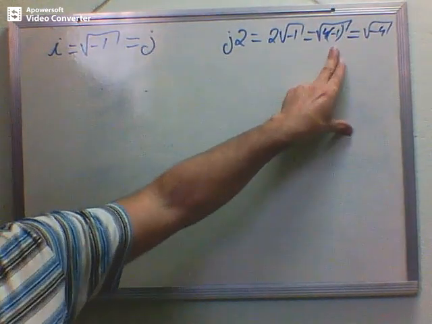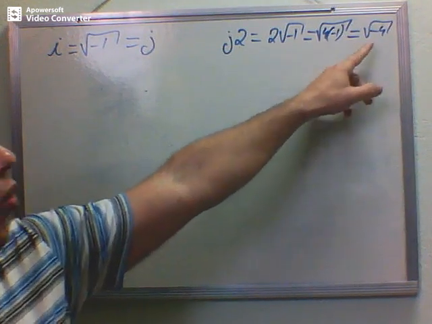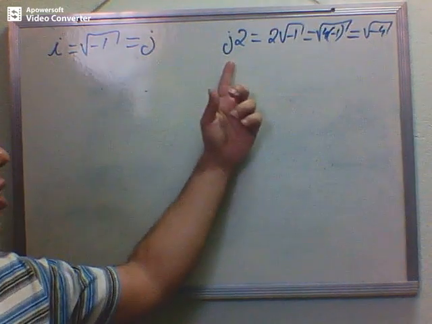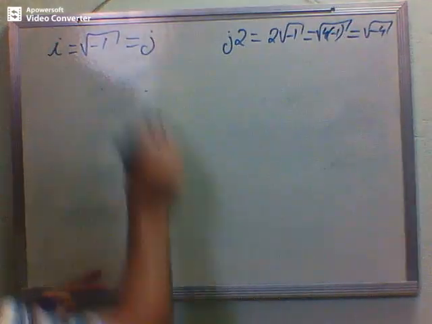Then, using the definition that mathematicians like to work with, we know that the square root of -4 is j2.